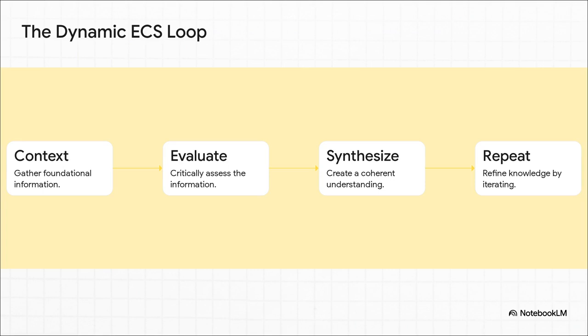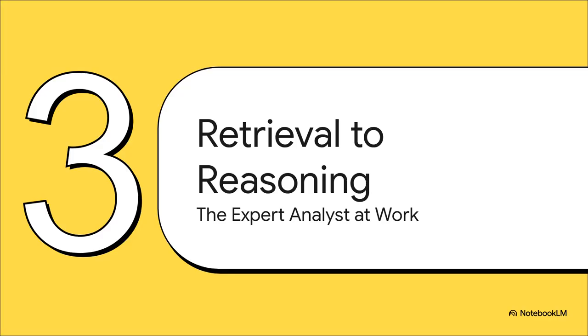The system gathers context, it evaluates it, and it synthesizes an initial understanding. But then, that synthesis might spark a new question, sending it right back to gather more context, constantly refining and improving its answer. It's always learning. All right, so that's the theory. Sounds pretty good, right? But how does our new expert analyst actually handle that tricky tax question we started with? Let's put this ECS framework to the test and see it in action.